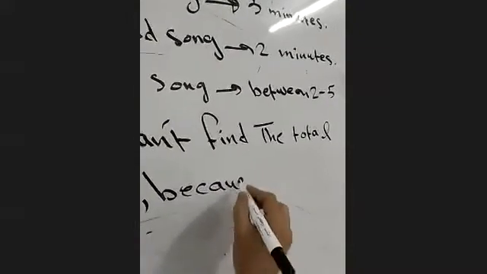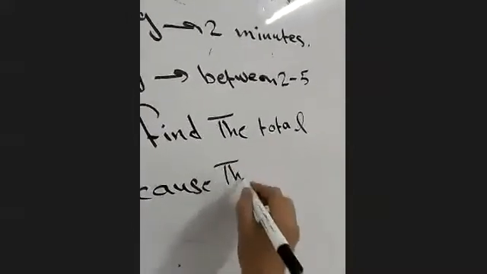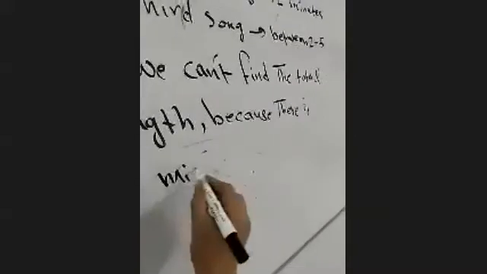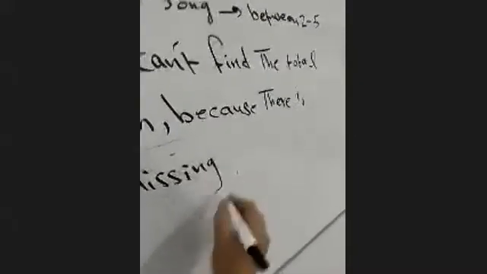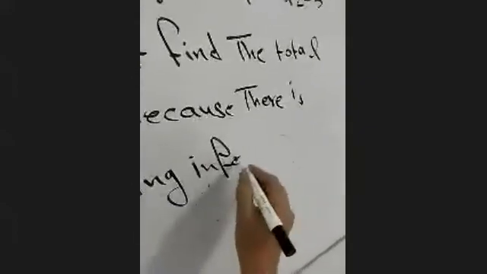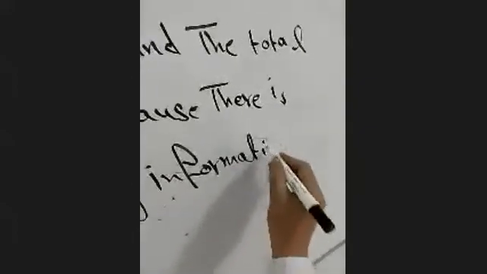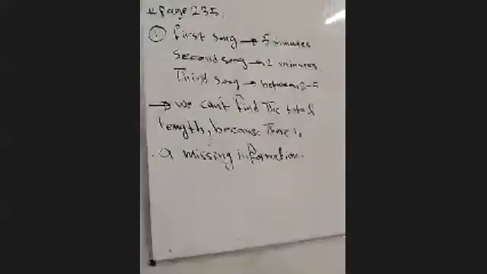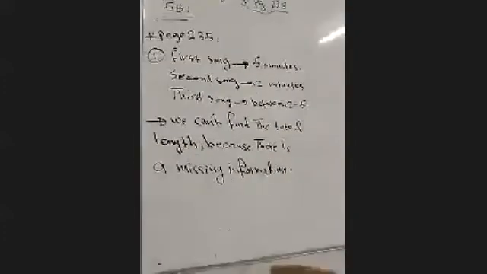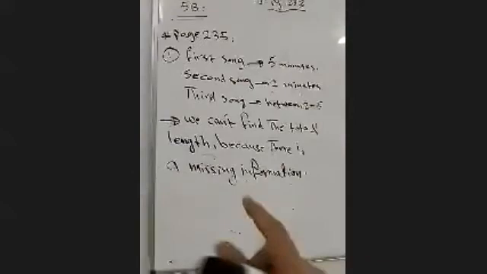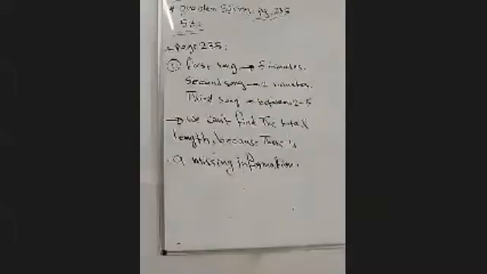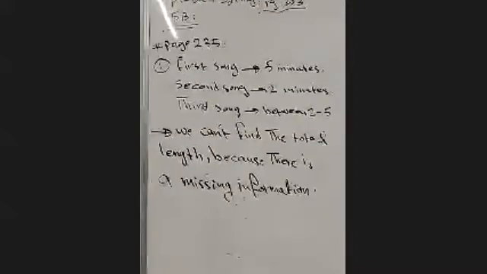Because there is, we call it, a missing information in the question. So this is the answer of the question, guys. We cannot find the total length because there is a missing information. We need to know more information about the third song so I can find the length of the 3 songs. So please copy the answer, guys.